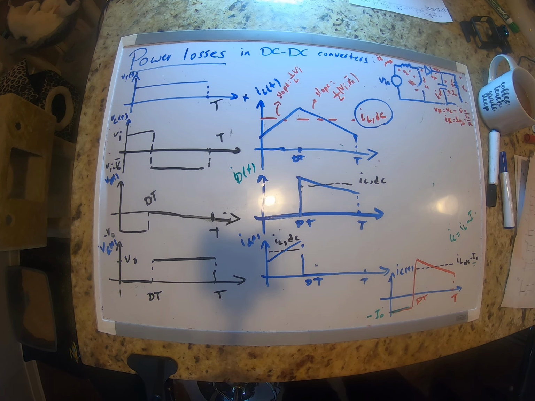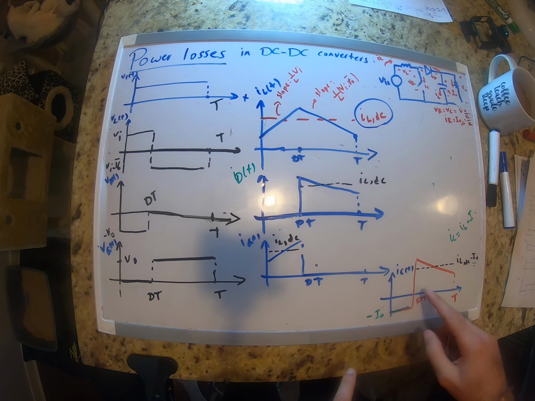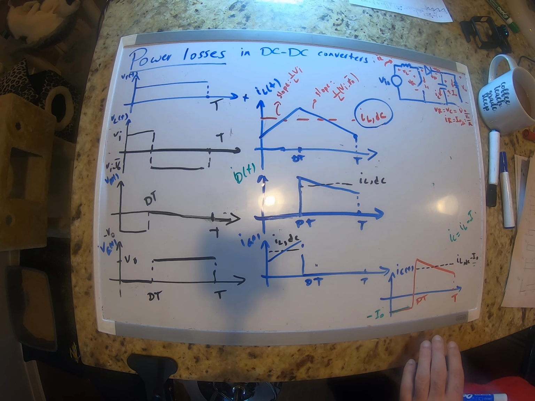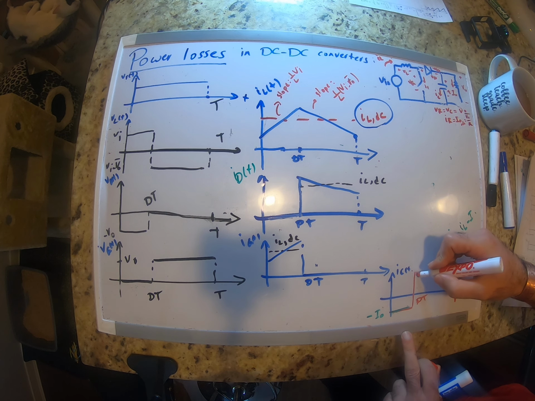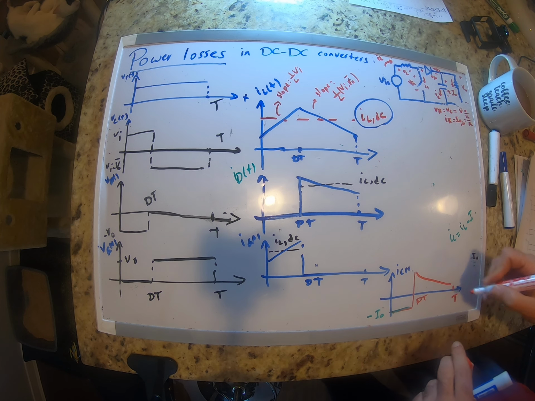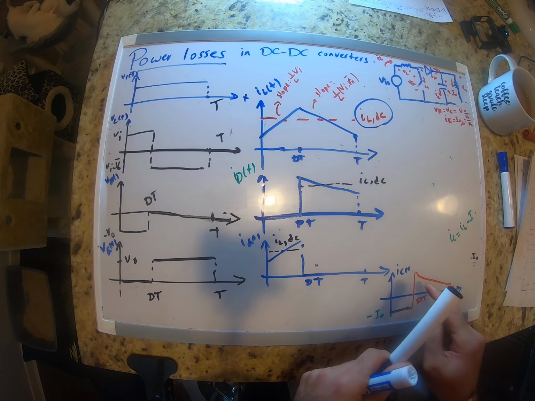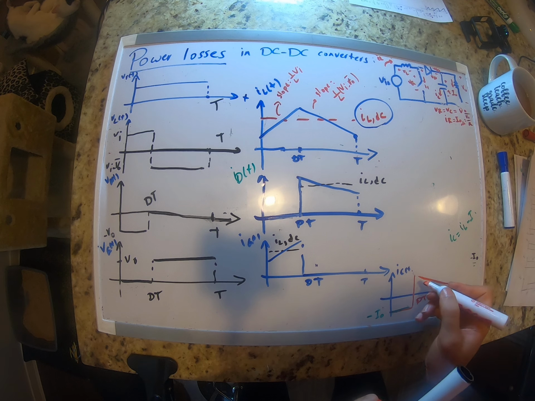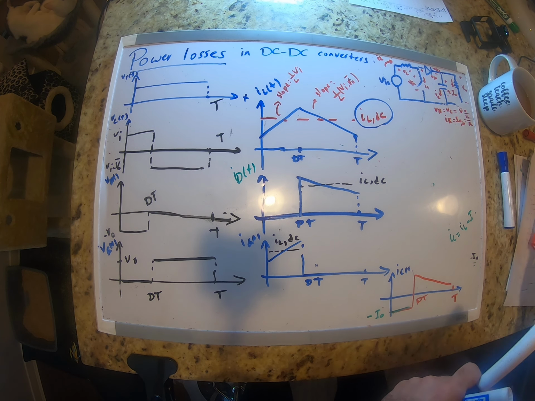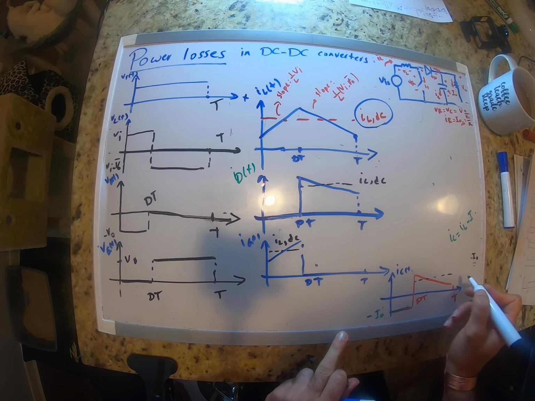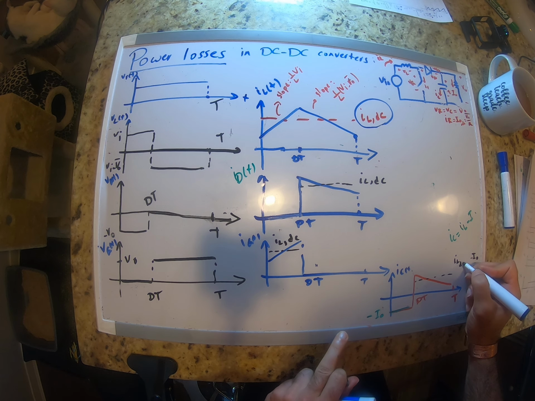Now, what does amp-second balance or charge balance tell us about this graph? It tells us that this area has to be equal to 0. I didn't do a good job drawing it. If I want to be more realistic, it has to be something like this. This line is the half point of this other line, which is going to be ILDC minus IO.